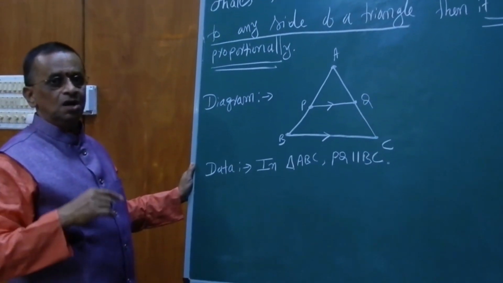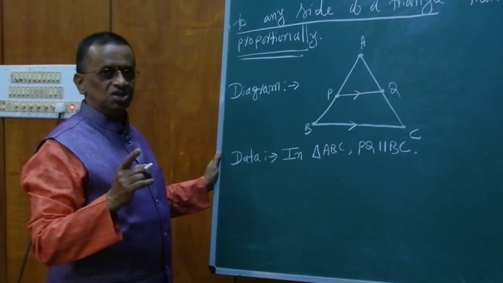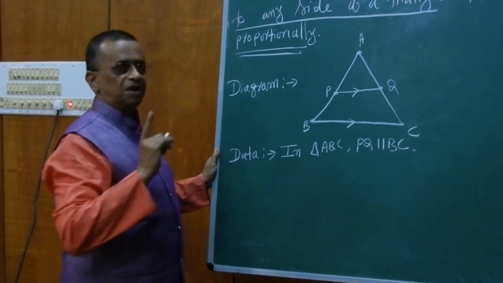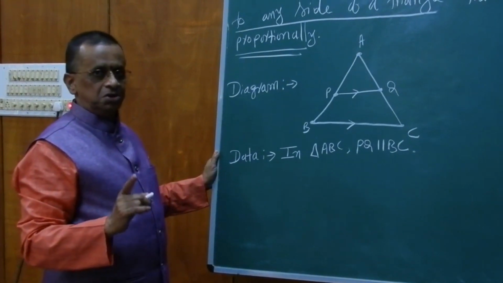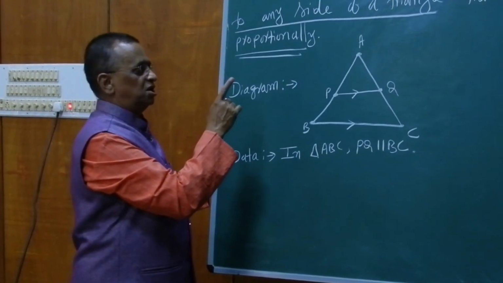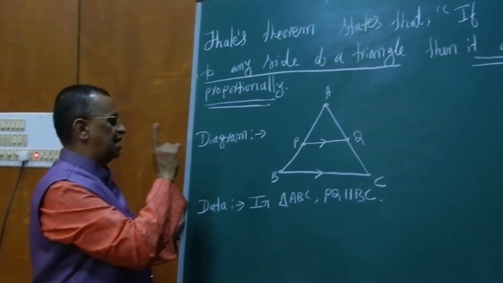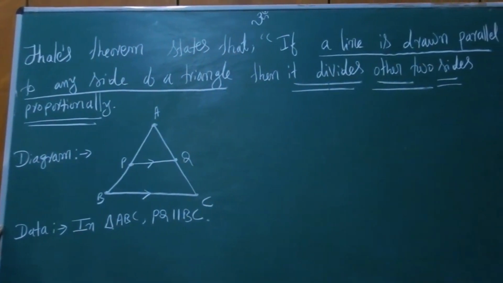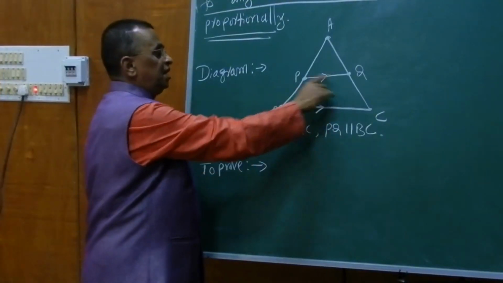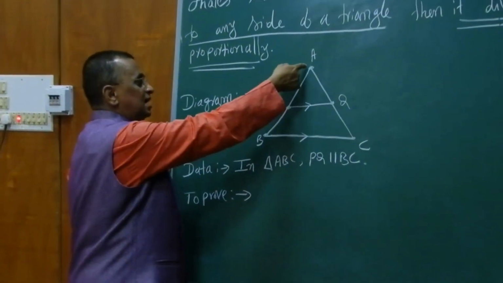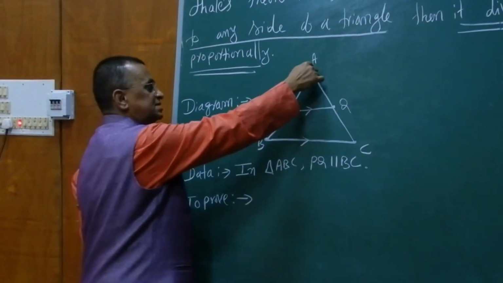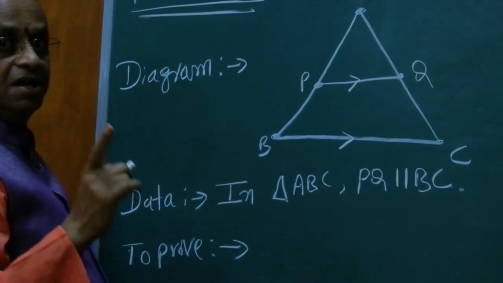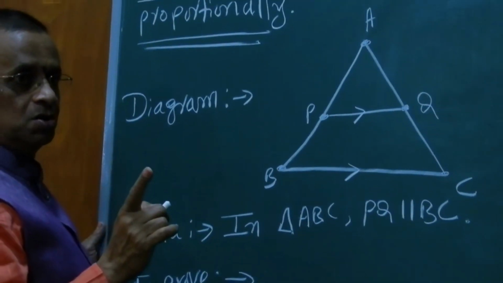The next step is to prove, that is, the conclusion part of the theorem written with respect to the diagram drawn. Here the conclusion part is it divides the other two sides proportionally. Therefore, to prove: PQ divides side AB and side AC proportionally, that means in equal ratio.